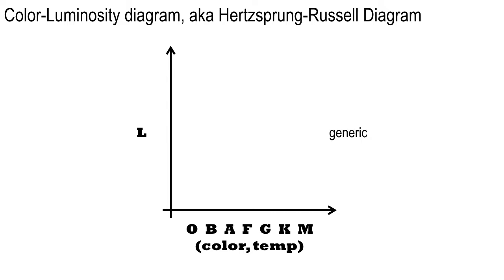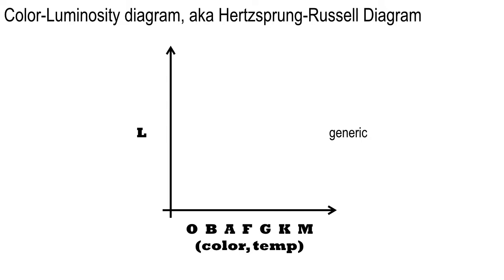But you could use the color, and I'm actually going to teach you a little bit about color index today, a little bit more on Thursday. You could use the temperature. Now, the temperature is not something that you observe, it's something you deduce by looking at the color. But sometimes you'll see a color luminosity chart with temperatures rated across the bottom.